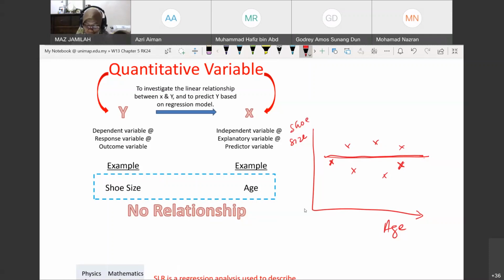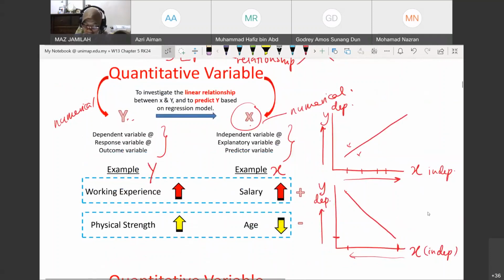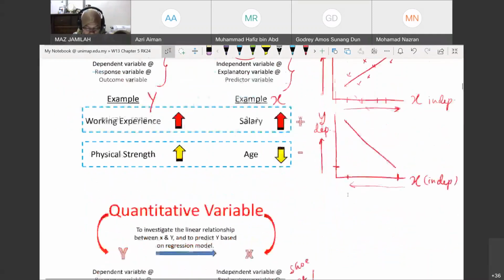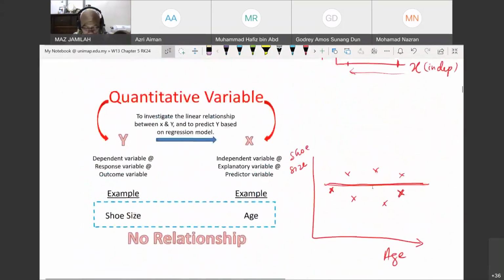Because you cannot really tell unless your points are forming a particular pattern. So your data will be a hint for the relationship between the variables that you have. So there will be three kinds of relationship.